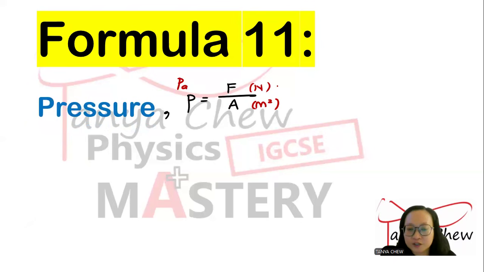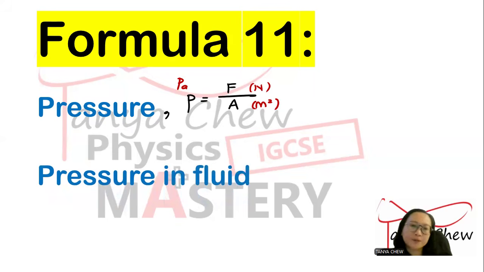But if your force is Newton and your area is mm square or cm square, pressure will be Newton per cm square, and cannot be equal to Pascal. Pascal is only valid when the unit of force is Newton and the unit of area is meter square.